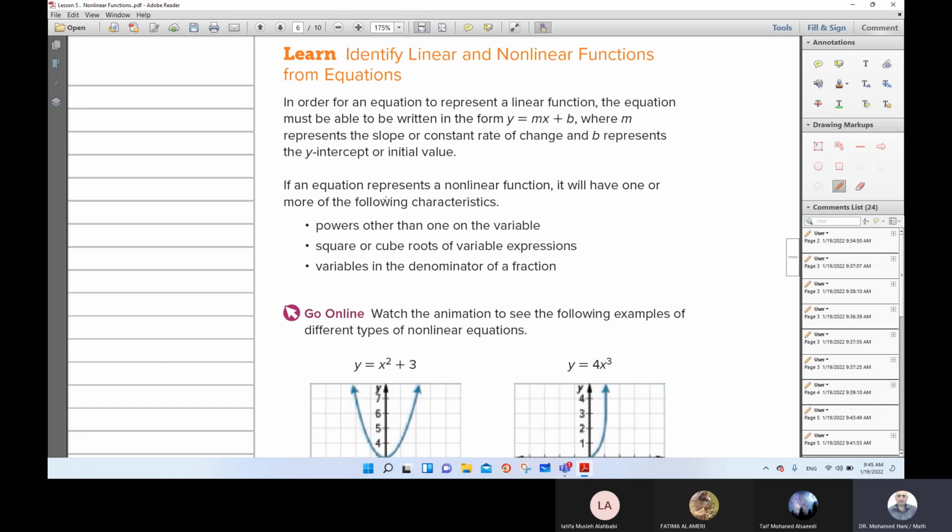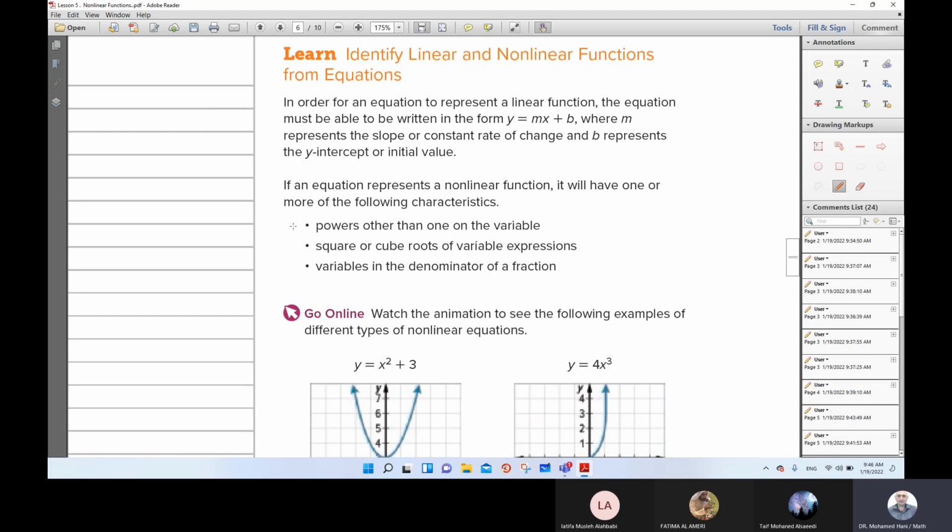If an equation represents a nonlinear function, it will have one or more of the following characteristics: powers other than 1 on the variable, or square or cube roots of variable expressions, or variables in the denominator of a function.